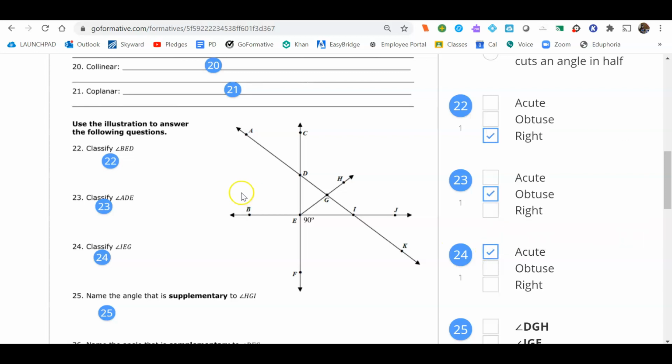So the way to remember that is obtuse sounds like obese. You know, big, bigger than 90. Acute, cute means small and tiny and adorable. So acute will be less than 90. And right is right in the middle at 90 degrees. It's kind of like when you take a right turn, it makes exactly 90 degrees.